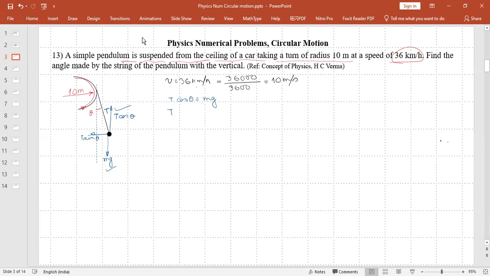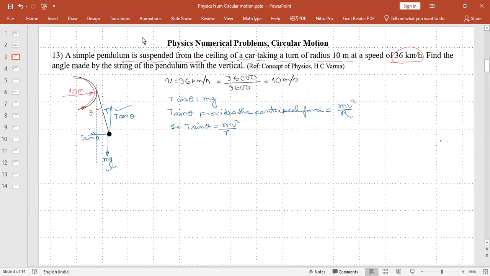And also T sin theta provides the centripetal force, which is equal to, we know the equation, mv square by r. So we write that T sin theta is equal to mv square by r.